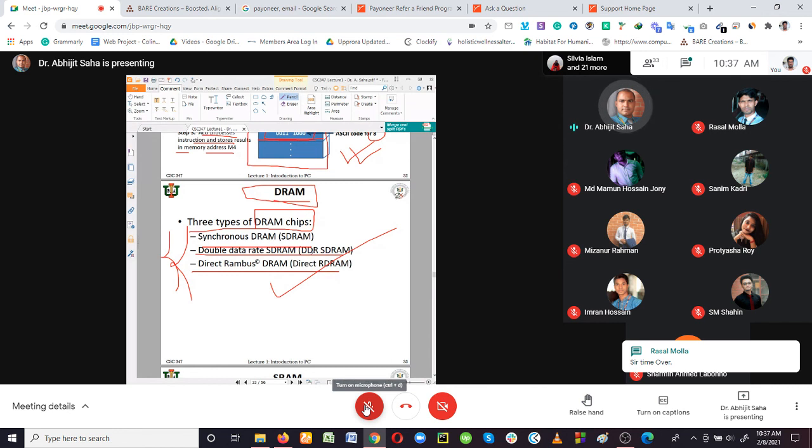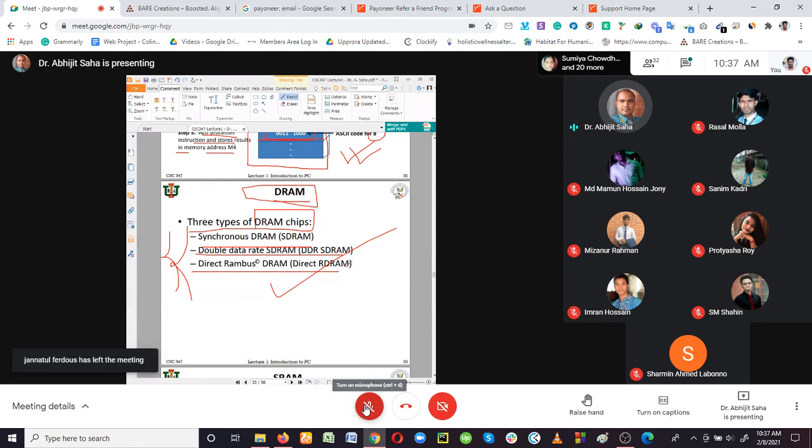It continues with the updating of RAMs, so the RAM capacity is also increasing and it is getting faster, and so on. Out of these three RAMs, the direct RAM bus is the most expensive one.